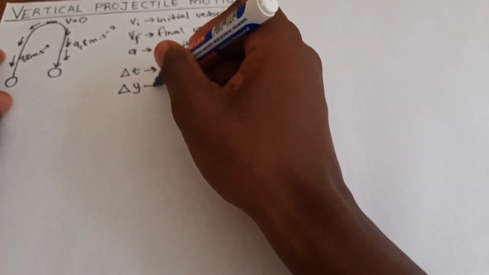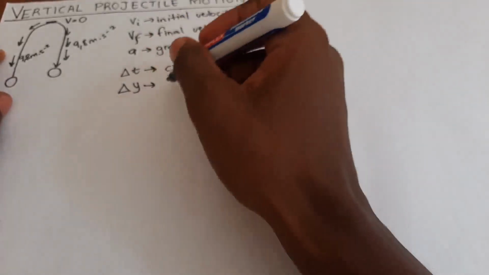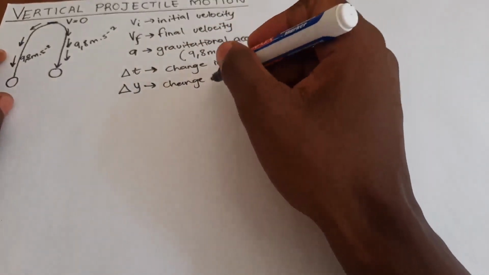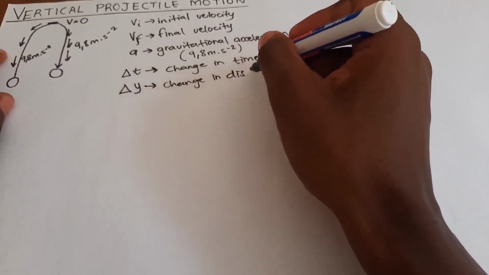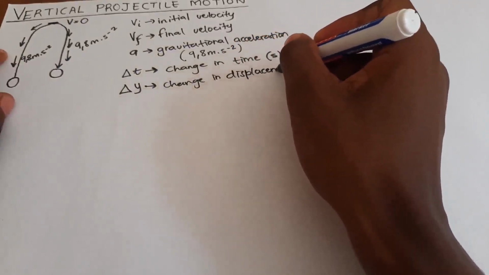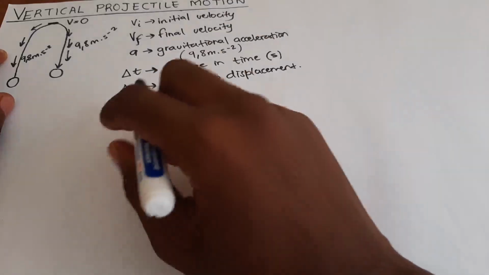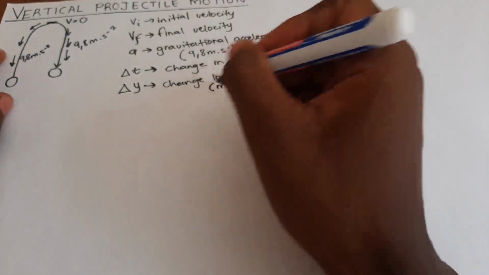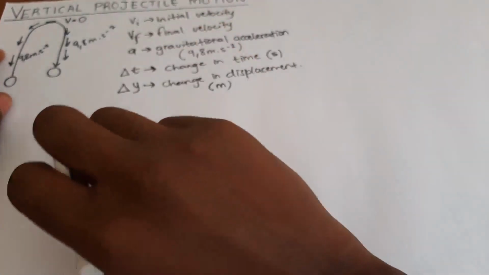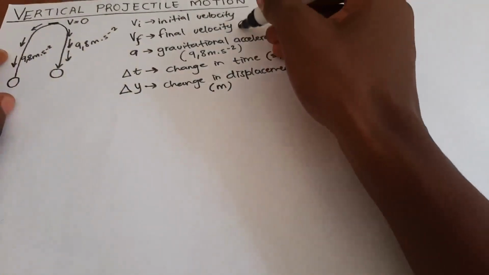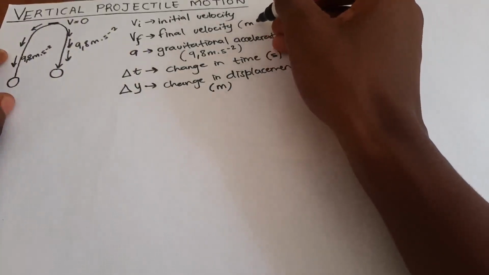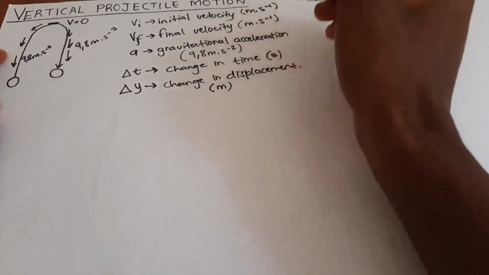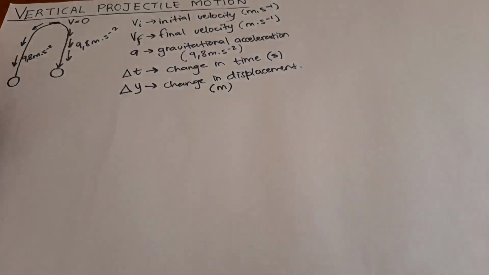So this is change in displacement, and it is recorded in meters. Final velocity is in meters per second, and as well as this one, initial velocity, meters per second. That's how it goes, guys.